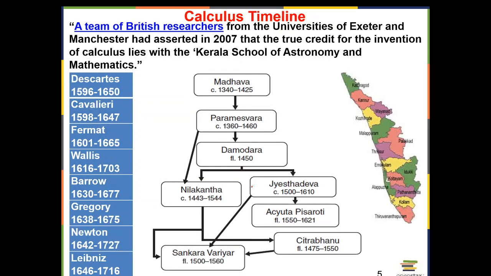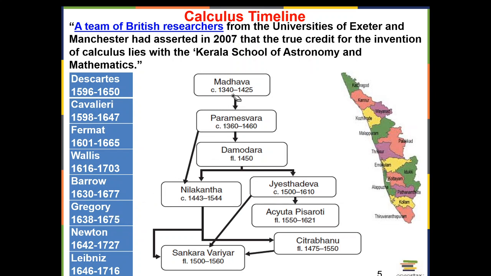The first thing I want to do is show you a timeline. Recently, people analyzed the historical evidence and realized that there was actually calculus before it was discovered or rediscovered or invented in Europe.